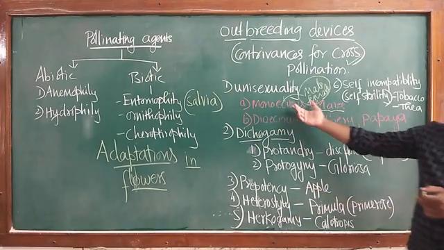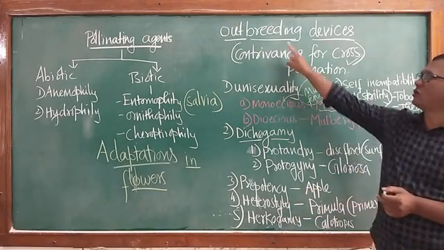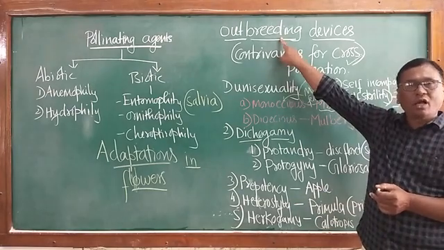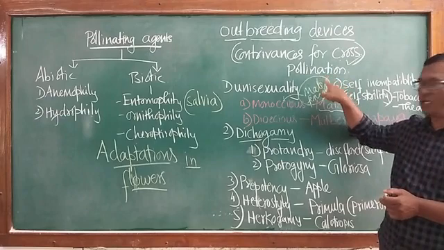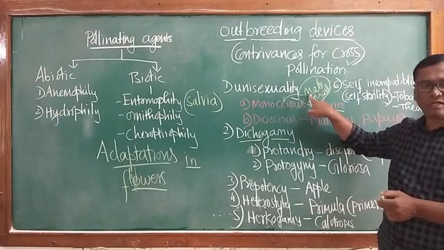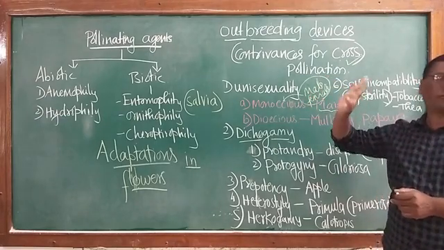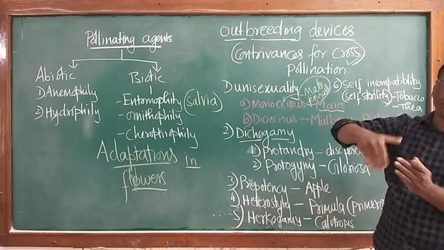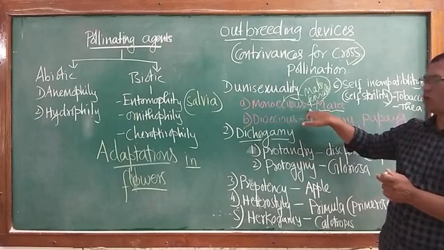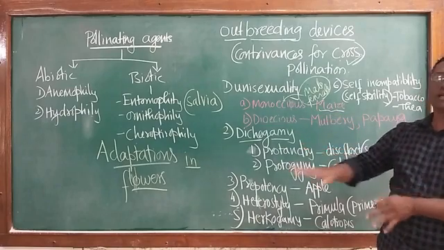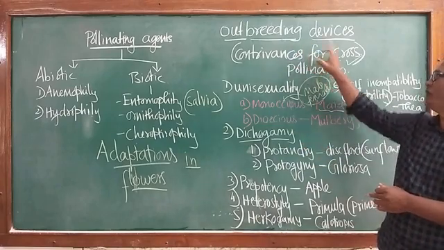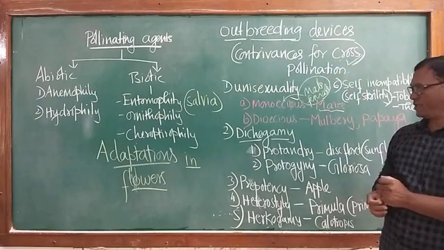Hence, the monoecious condition is also studied as an outbreeding device for cross-pollination, compulsory cross-pollination. Chances of self-pollination on the same plant in monoecious maize cannot be denied, but it is mostly an outbreeding device for cross-pollination.